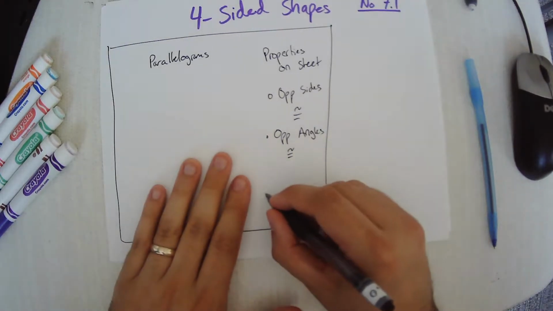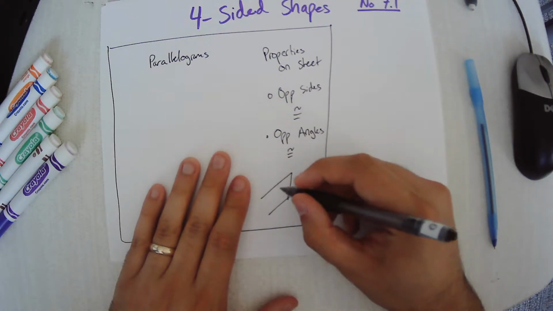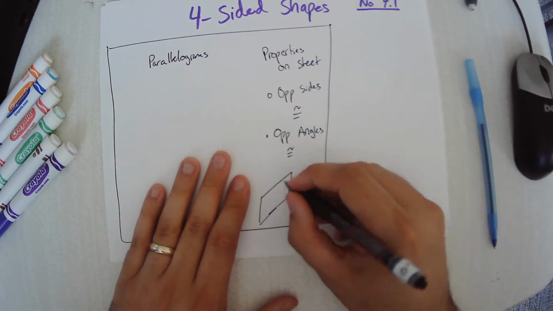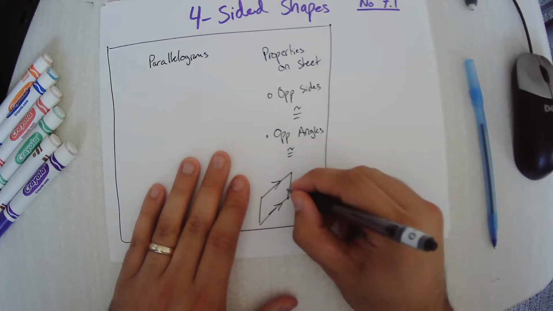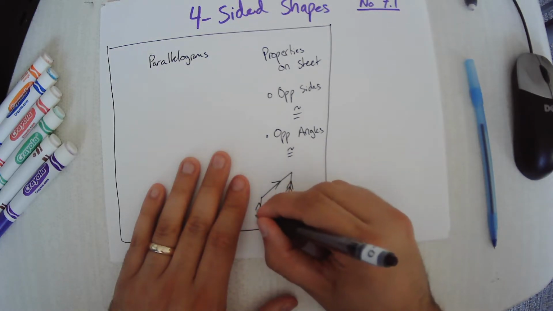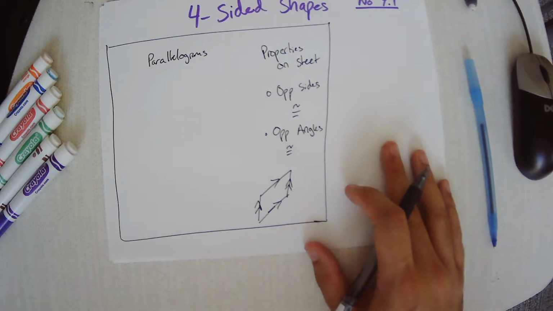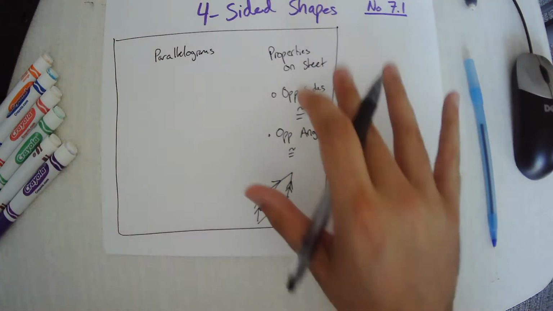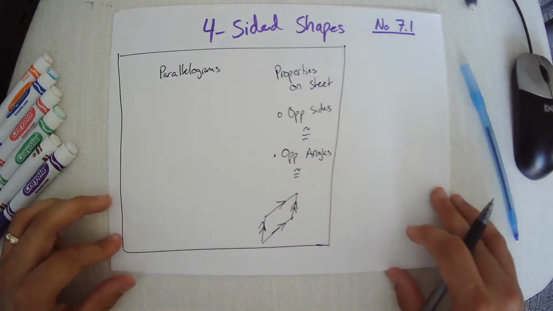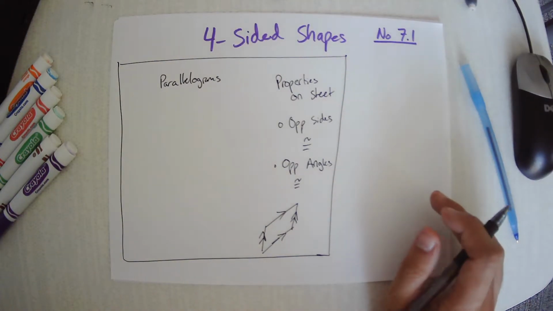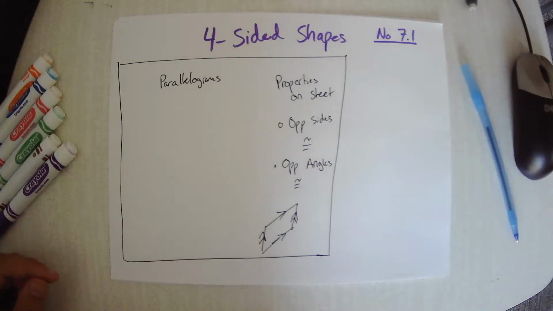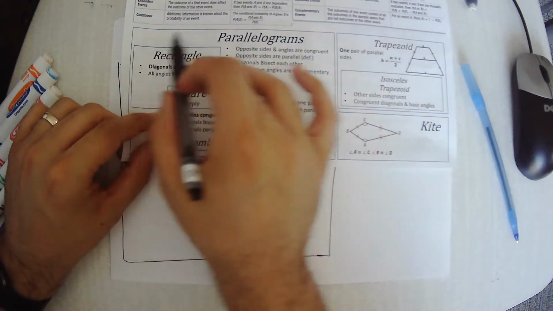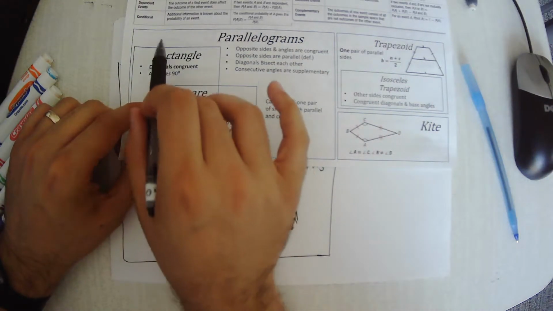The definition of a parallelogram was 2 pairs of parallel sides. So this side being parallel and this side being parallel was our whole idea of what a parallelogram is. We had some ways to prove them, which are normally the same properties, but that was our start. We talked about parallelograms for 2 sections worth of time. On your formula sheet, I'm mimicking this part right here.